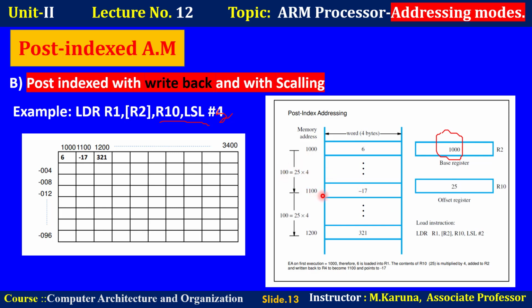And then this effective address will be again loaded into R2. Now R2 is having 1100. R10 is always fixed, it always stores 100 only. So now again this 100 will be added to the content 1100, then generates 1200.